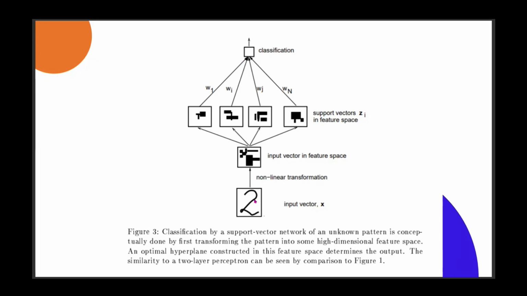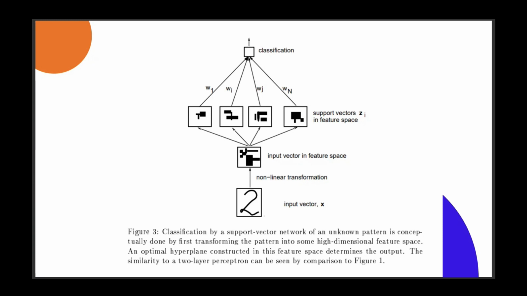Why will we be applying this non-linear transformation? To reduce the amount of computation that is required to classify this. After some slides I will be showing why the computation is getting reduced while we are applying the transformation here.